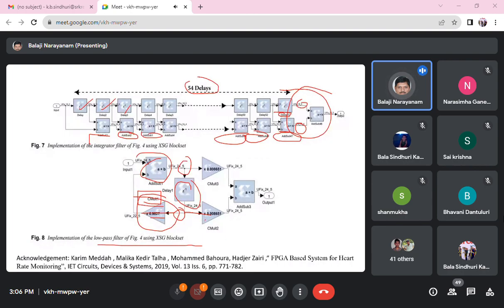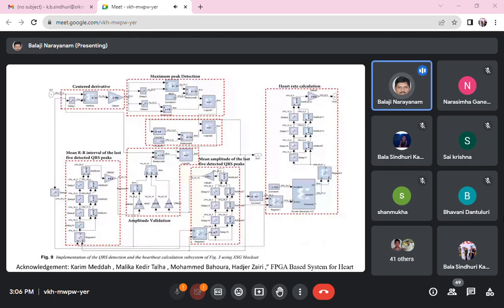After multiplying the delayed value x of n minus 1 with the constant multiplier, they are given to an adder-subtractor block, a plus b, which is an addition. Here one input is a, another input is b. Output is the addition of these two. That's it. So this is the overall QRS detection block implementation.